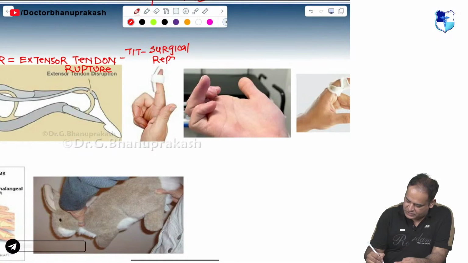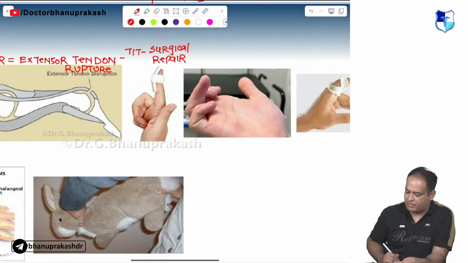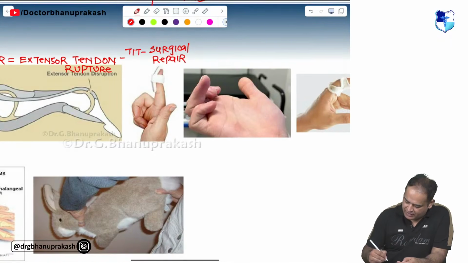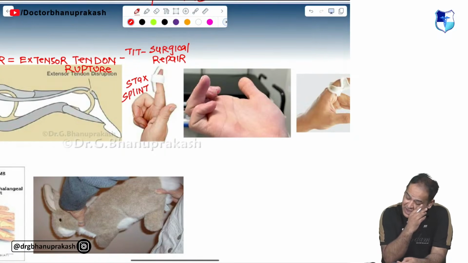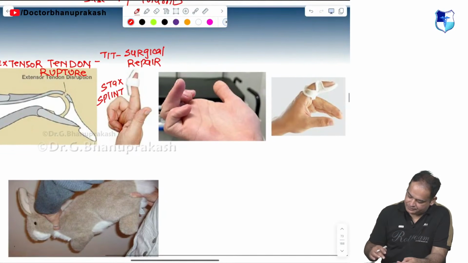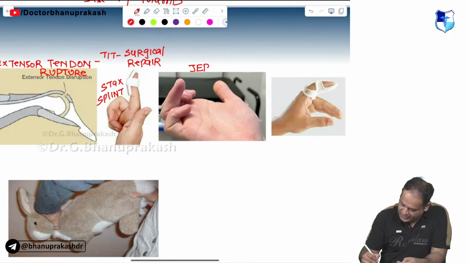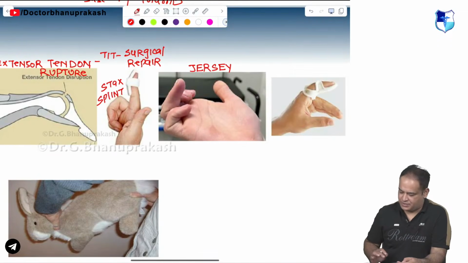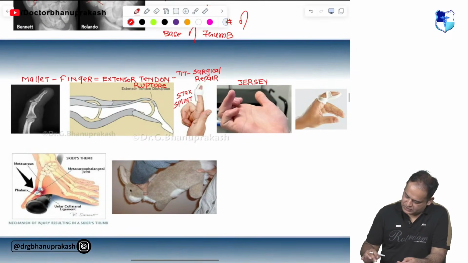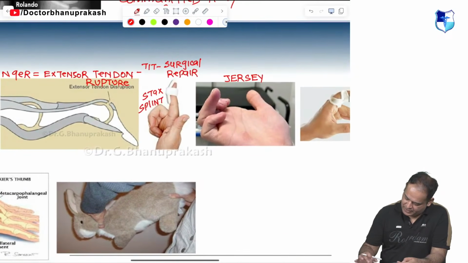Treatment is surgical repair. And what is the name of this splint? Stack splint, right? Now, if the finger is in flexion here, so this is mallet finger, right?